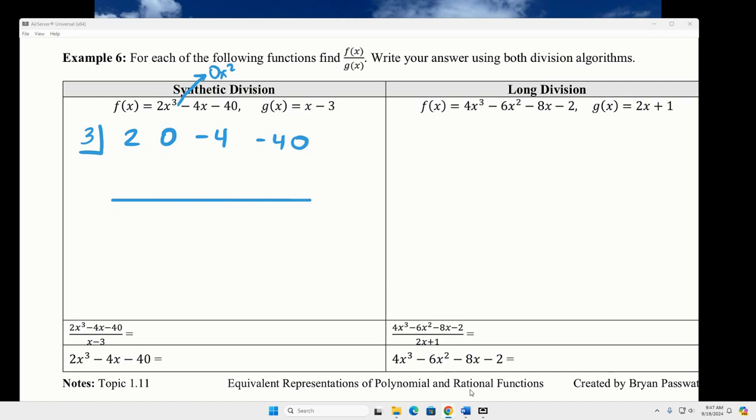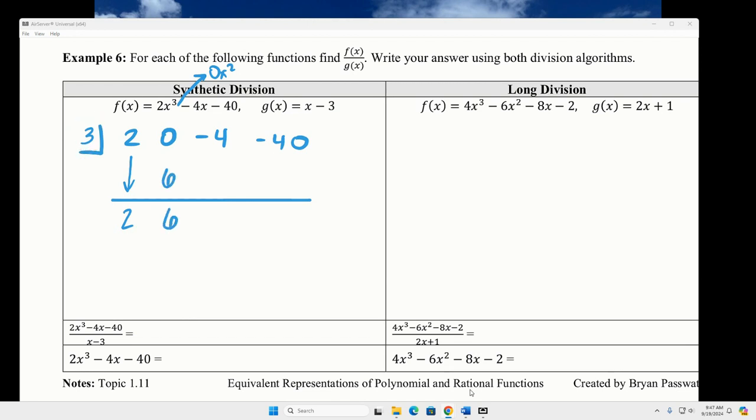Then you leave a little space and draw this line. The first coefficient to the right of the box, you bring straight down. Then from here to the end, you're multiplying and adding. You multiply the number in the box by the number under the line, and then you add.